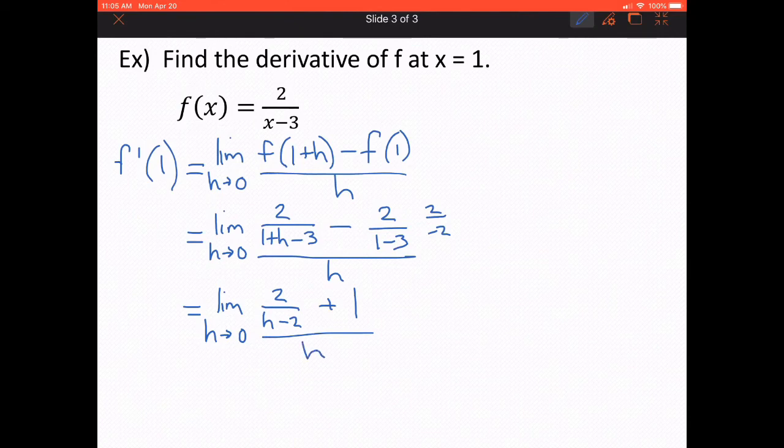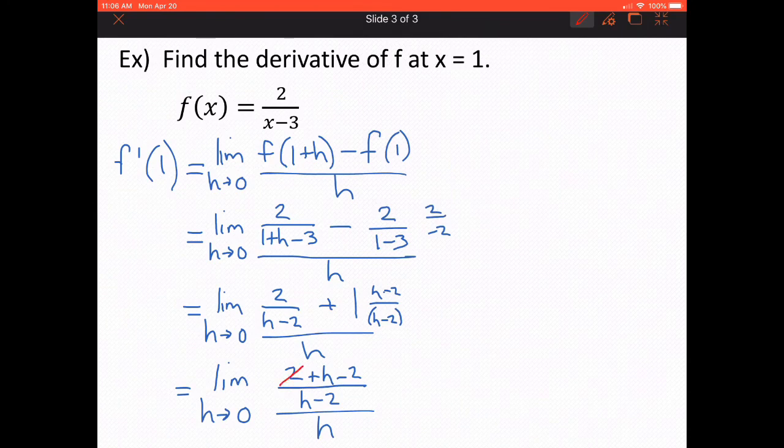So my common denominator this time is h minus 2, so I'm multiplying that here, top and bottom, by the 1. So the limit as h approaches 0 of, common denominator we said was h minus 2, so I'm just going to put them together now. So 2 plus h minus 2 all over h.